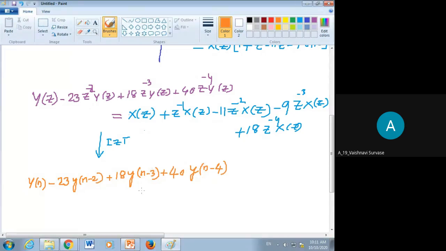Now, on the output side, what will we write? Can someone tell me what we can write on the right side part?